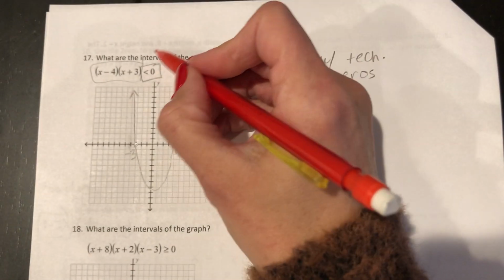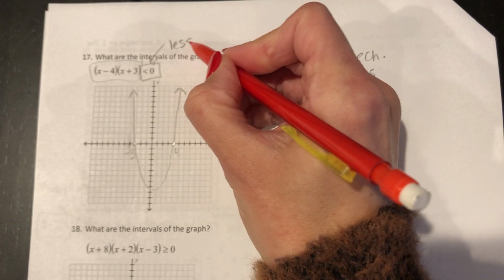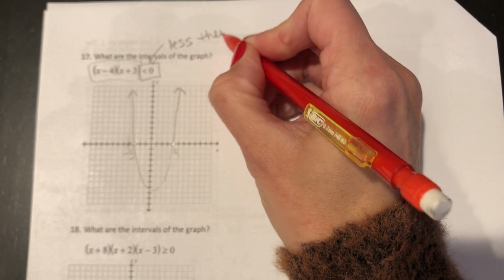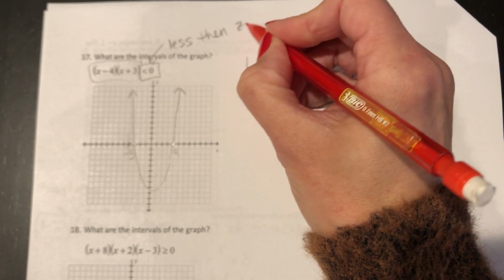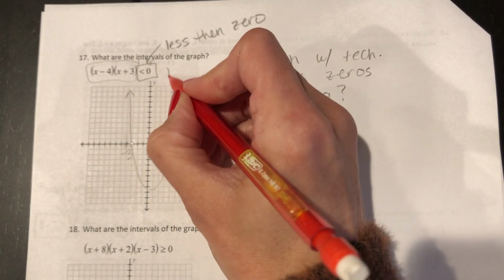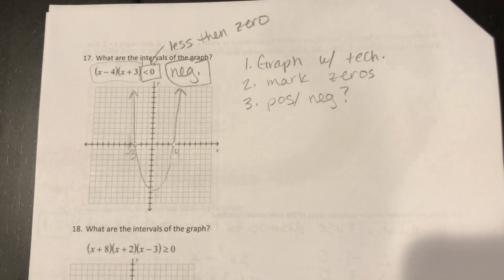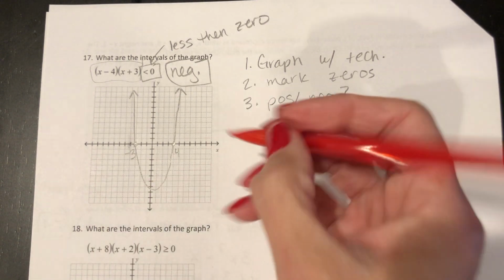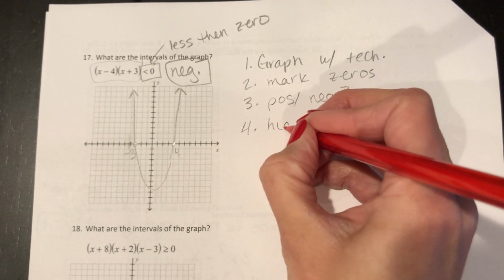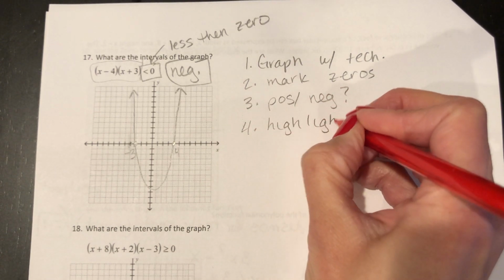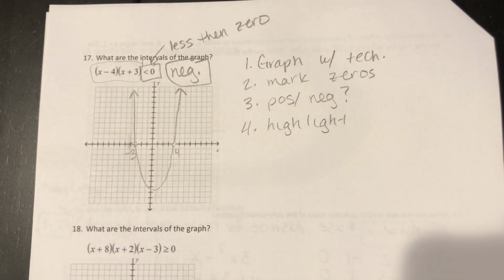Anything less than 0 would be negative. Any number less than 0 is negative. So I'm looking for negative intervals. So my negative intervals, so I'm going to go ahead and highlight that. Highlight those intervals.